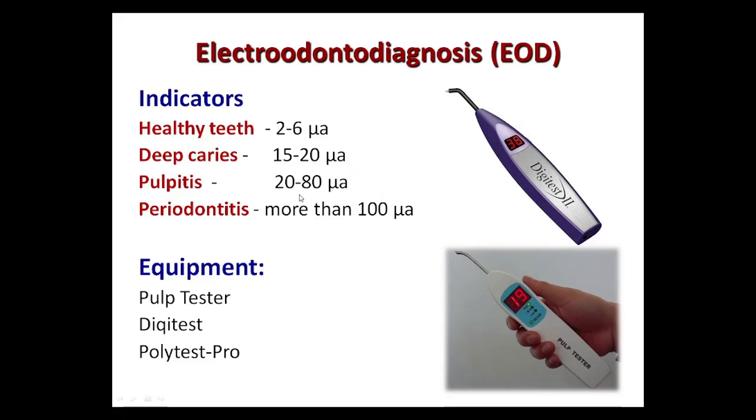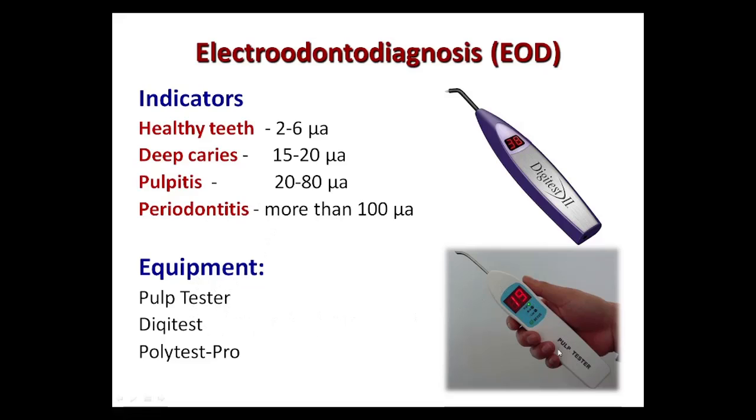During pulpitis, different indicators from 20 to 80 microamperes, and periodontitis more than 100. If the pulp is dead, it does not react to any electrical stimuli, electrical current.